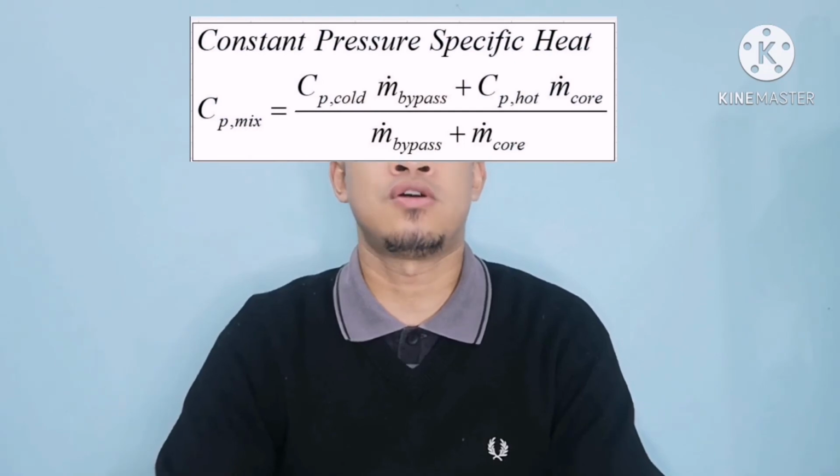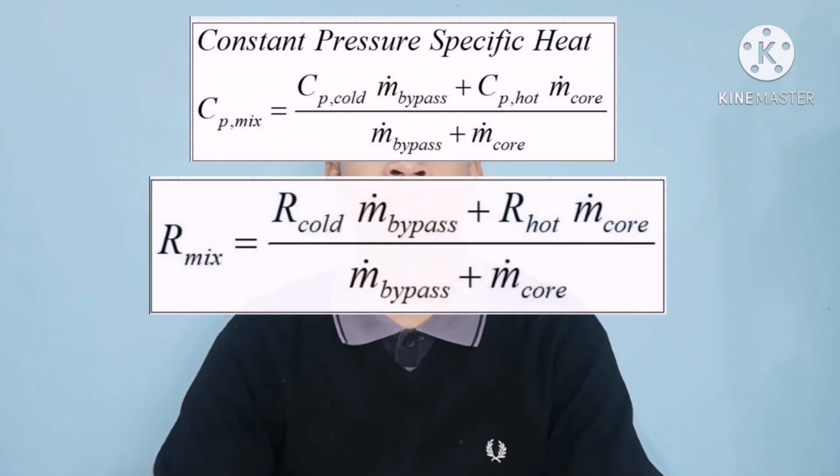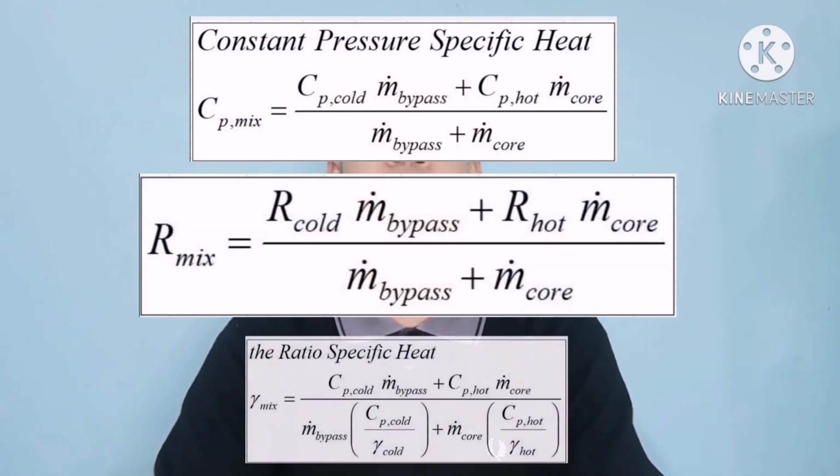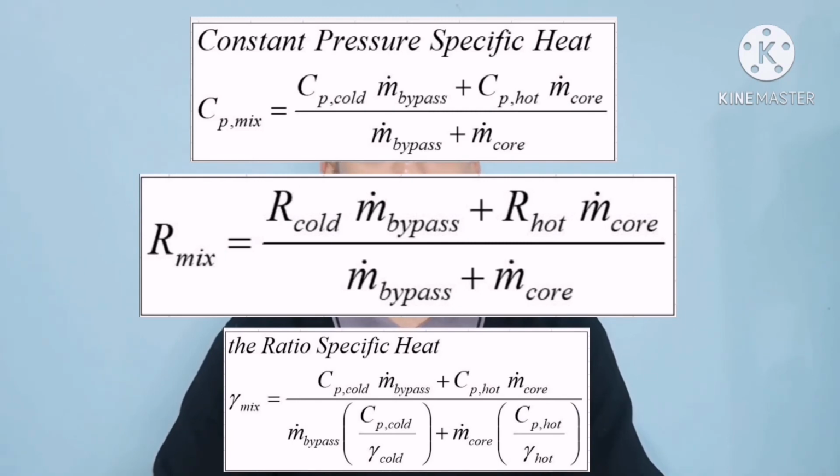For a mixing bypass turbofan, cold air from the bypass flow and hot air from the turbine are combined in the mixing chamber. There will be some losses in total pressure on mixing. Therefore, the mixture values of constant pressure specific heat, gas constant, and the ratio of specific heats can be determined from an enthalpy balance of these two streams.